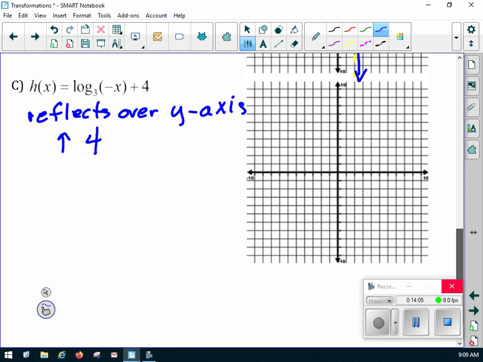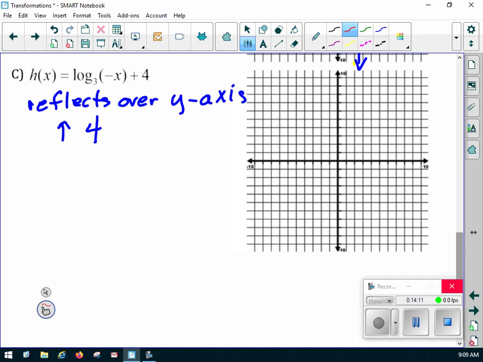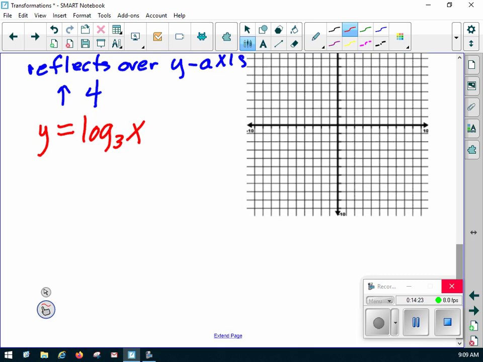Take out the transformations. What's our parent graph? Y equals log base 3 of x. That's the parent. Rewrite it as an exponential: x equals 3 to the y. Now remember, we just did a rewrite.